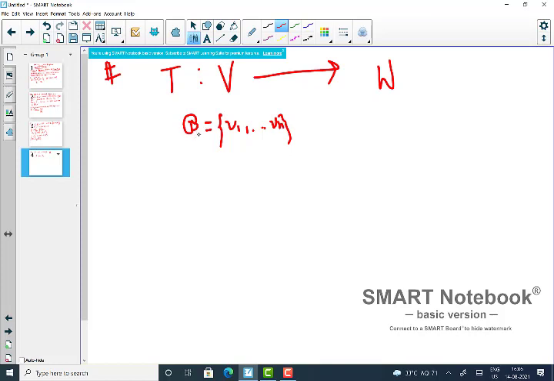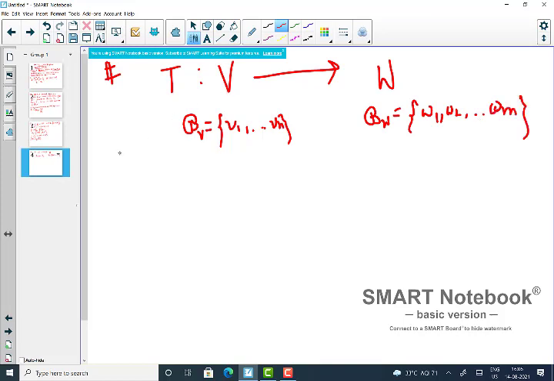So it's better to write BV and BW; you can write B1, B2, whatever, doesn't matter. Let me just use the symbols small w1, small w2, up to wm.